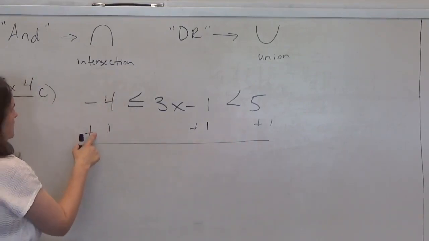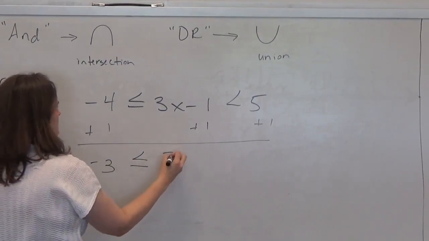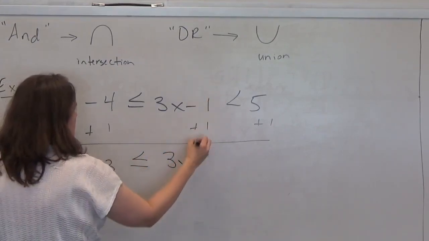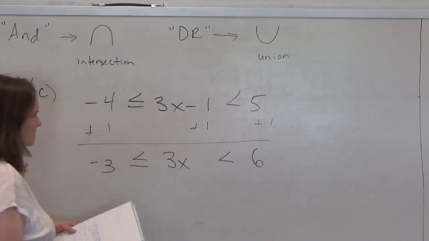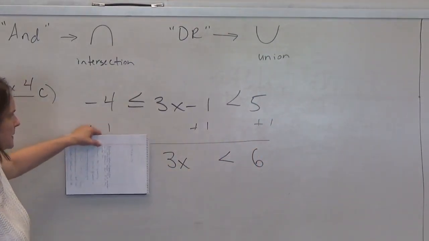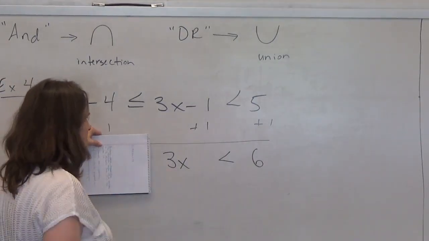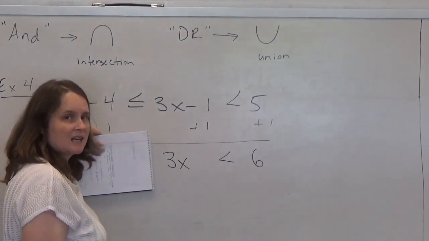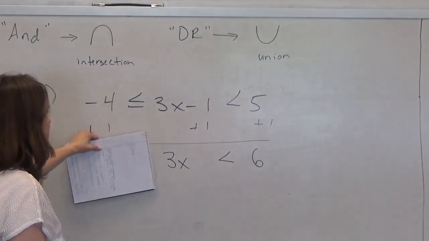So negative 4 plus 1 gives me negative 3. These ones cancel out in the middle, and then 5 plus 1 gives me 6. Again, cover this piece up, and you can see that you would want to divide everything by 3 to get the x by itself. Your goal is to get x by itself in the middle. So divide all 3 sides by 3.